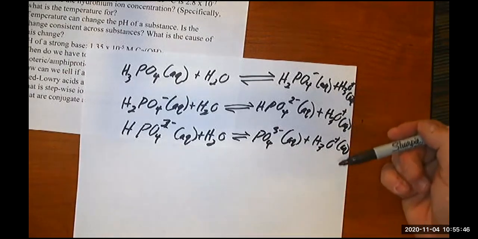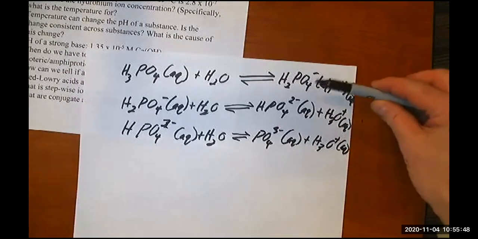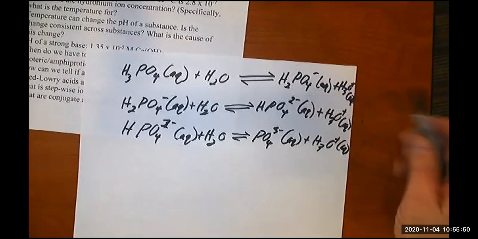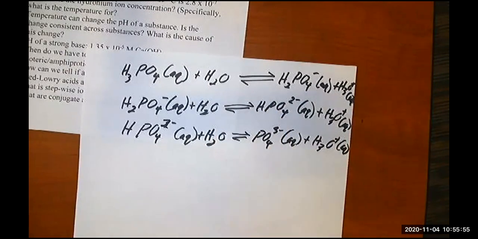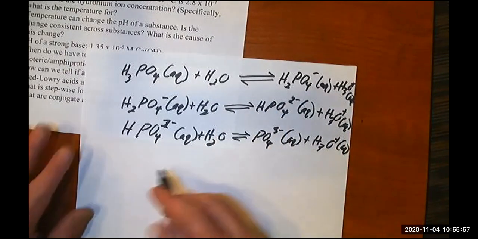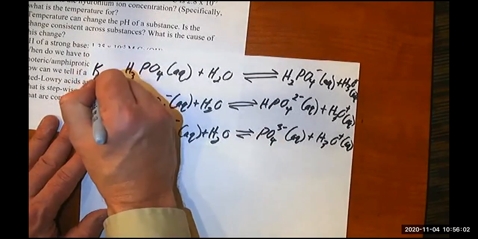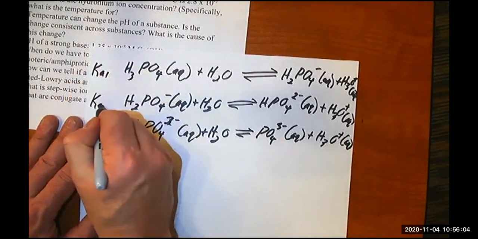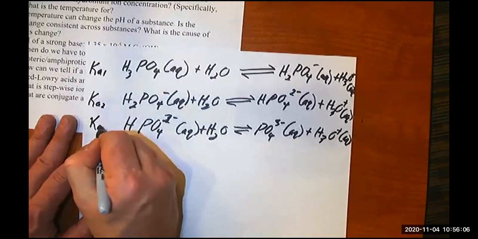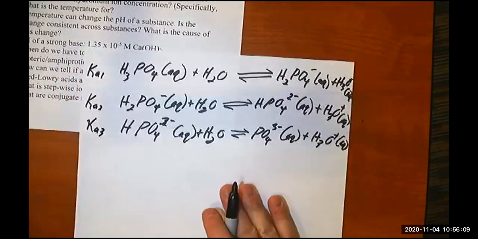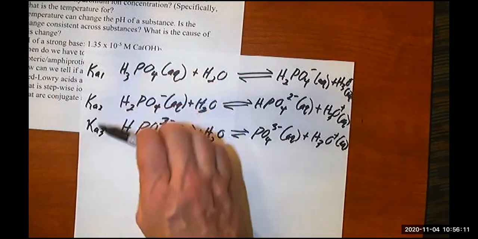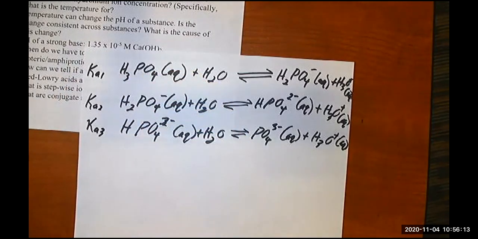This is stepwise ionization, where sequentially multiple H pluses can act as acids in the system. Each of these will have a different acid constant, so that you'll have a Ka1, a Ka2, and a Ka3. In most cases, these Ks are going to be quite different from each other, sometimes as much as a factor of 10 to the 4th difference between them.